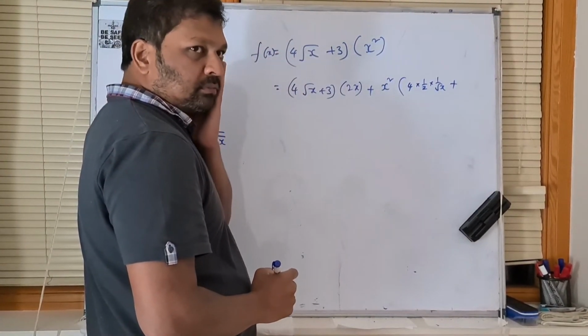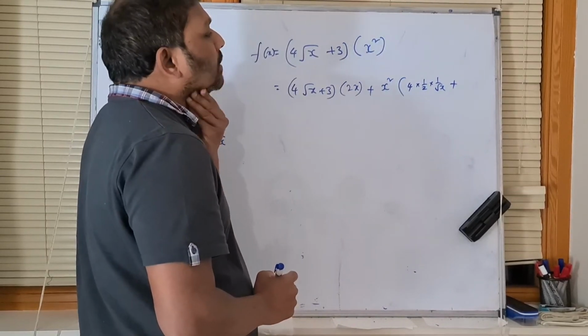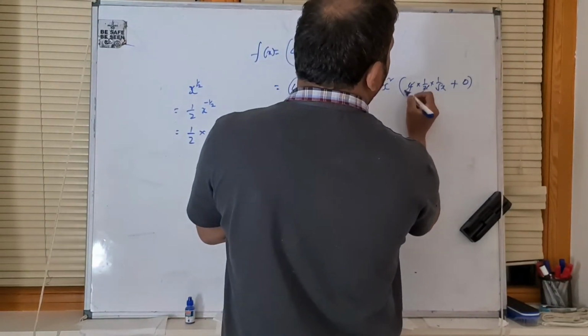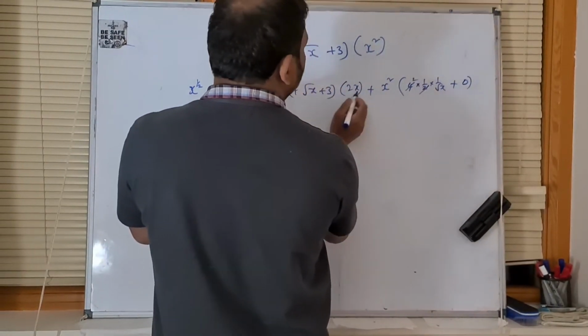Plus, the derivative of 3 is 0. So you simplify it.